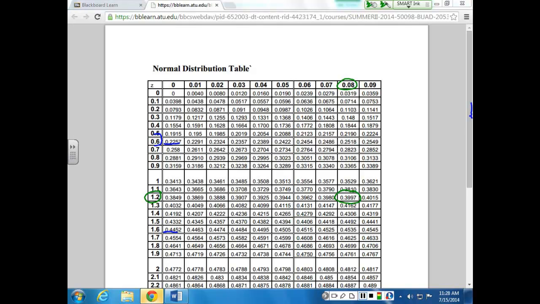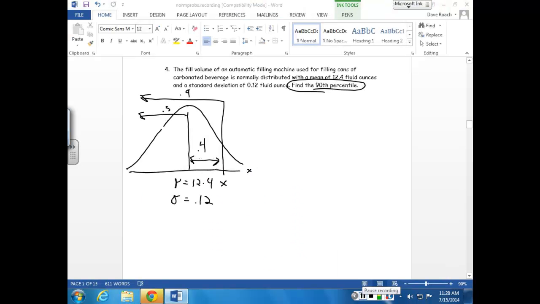So z is going to equal 1.28. If you wanted to think about this curve as having another axis, the center of it would always be 0 standard deviations from the mean, and then 1 standard deviation, and then 2.